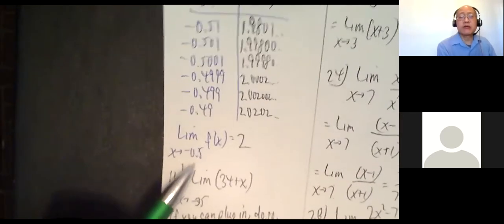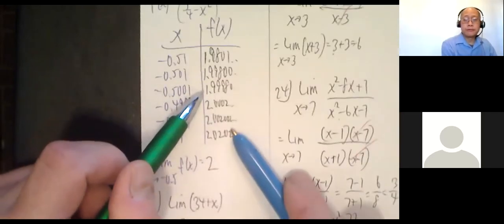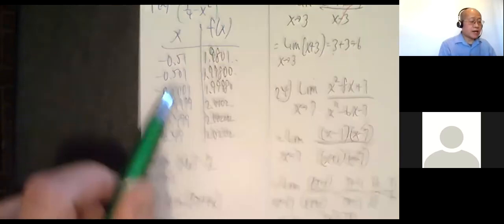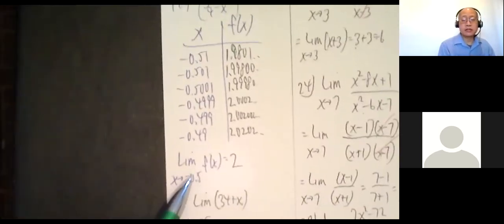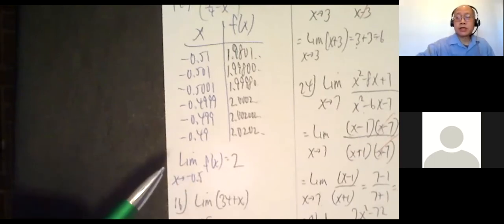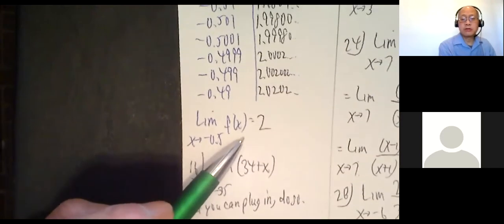And if I plug in numbers very close to negative 0.5, then the outputs are very close to 2. So the limit exists, even though the function value exactly at negative 0.5 does not exist. So the answer is 2.